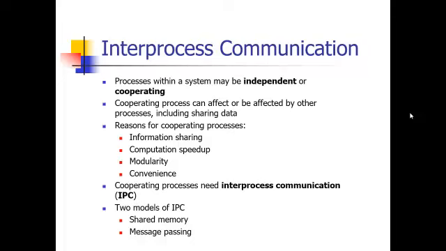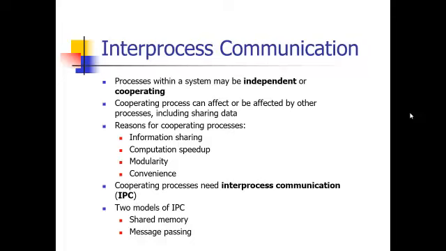But many of the processes in modern operating systems are cooperating processes. That means one process's output will be taken as another process's input. Sometimes it shares certain variables, it shares certain data. So many processes are acting as cooperating processes.